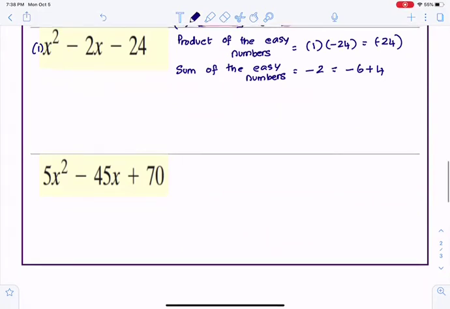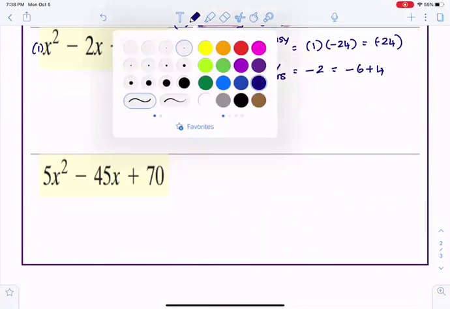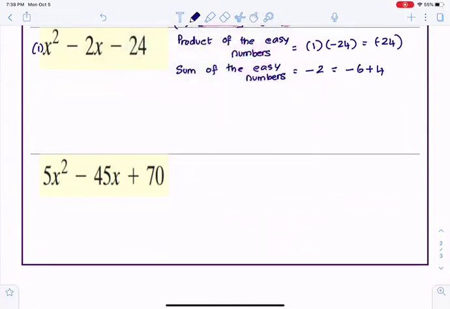So I'm going to write that negative 2 as negative 6, positive 4x, and minus 24, which would give me x squared, distribute the x, minus 6x, plus 4x, minus 24.